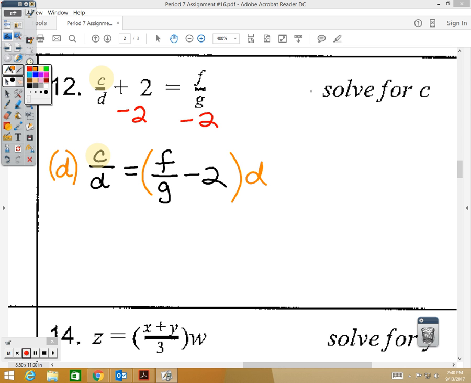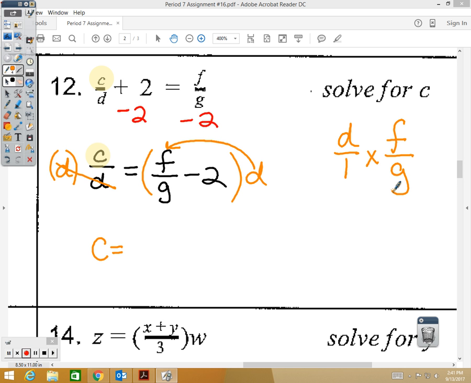So how do you do that? Well, let's look. So I get C by itself. That's good. So I'm going to do D times F over G. Now, technically, if I was going to write D as a fraction, wouldn't it be D over 1? If I had D over 1 times F over G, isn't it when you multiply fractions that you just multiply straight across?